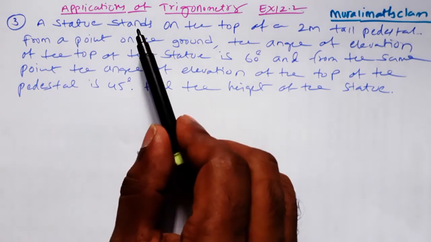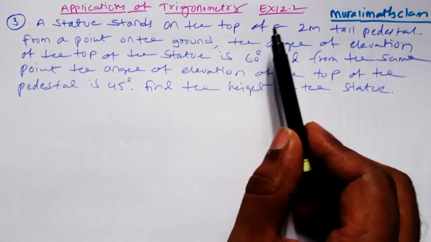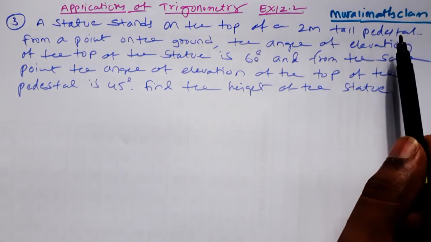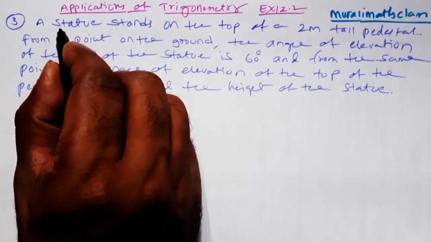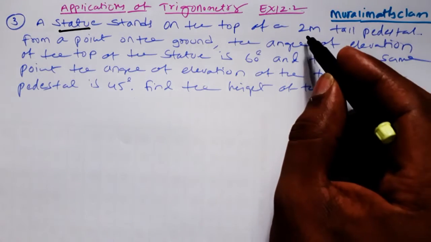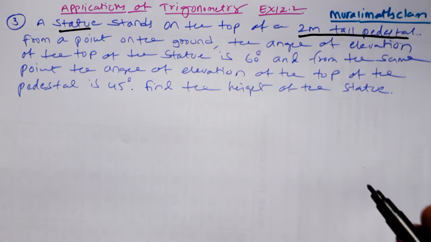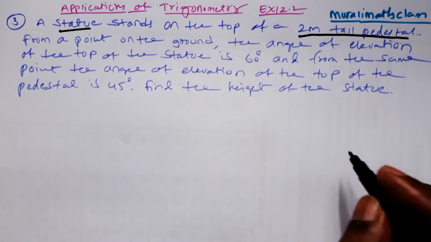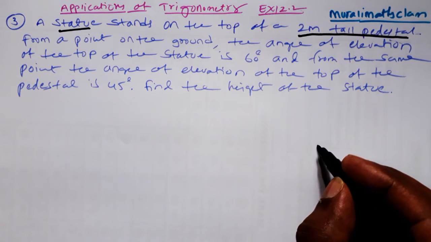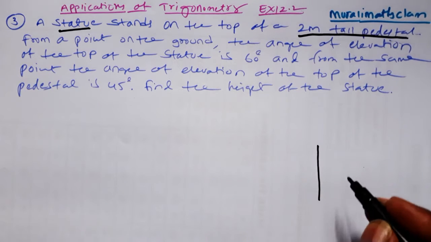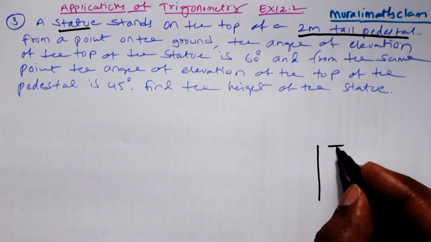A statue stands on the top of a 2-meter tall pedestal. So one statue is standing on a 2-meter tall pedestal. First you draw one pedestal like this. Let us think that it is a pedestal of height 2 meters.